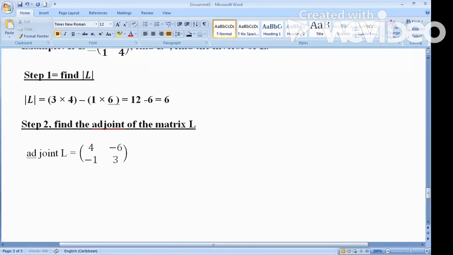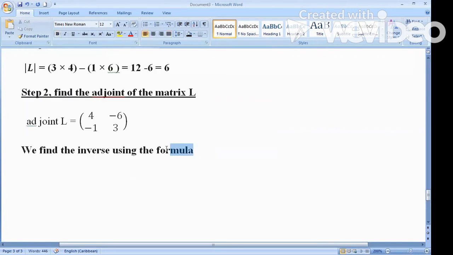What do you think step 3 is? That's where we use the formula. We find the inverse using the formula. And if you get a chance to study further math, you realize that this is one way of finding the inverse.